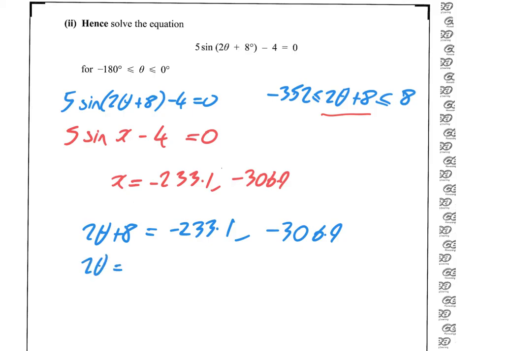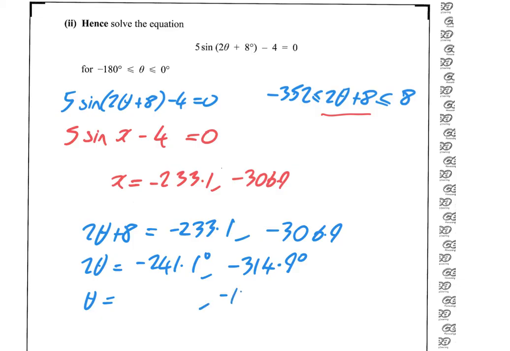So the first thing I'm going to do is take 8 away from each of them. So minus 233.1 minus another 8 is going to work out to be minus 241.1 degrees. And then we had minus 306.9 minus another 8, which works out to be minus 314.9 degrees. And then your theta, divide those both by 2 and see what you get.